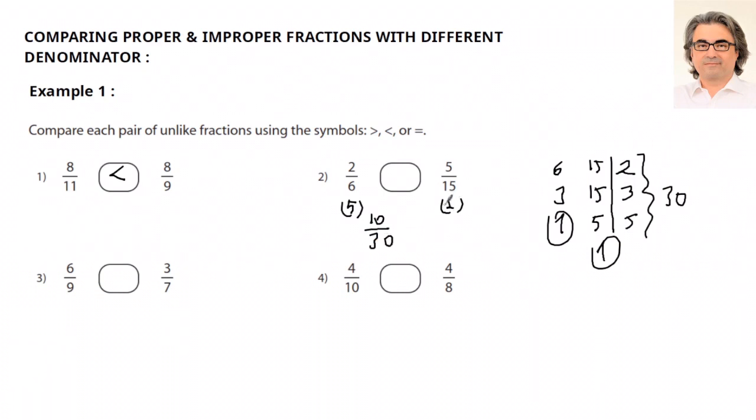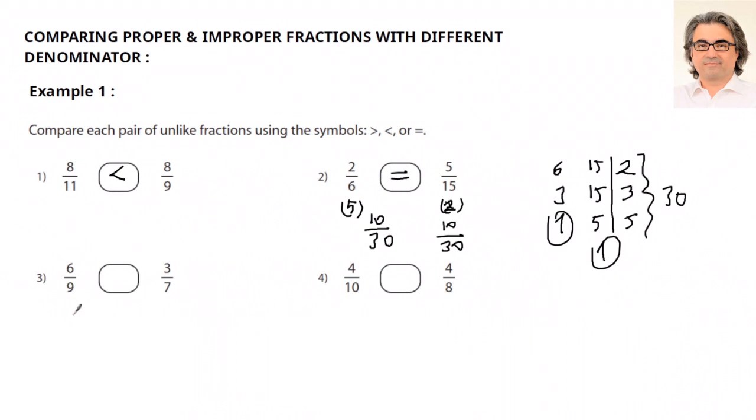What about the second one? 2 times 5 is 10, and 2 times 15 is 30. We got the same results. 10 over 30, 10 over 30. It means these fractions are equal to each other. So I should write here an equal sign.